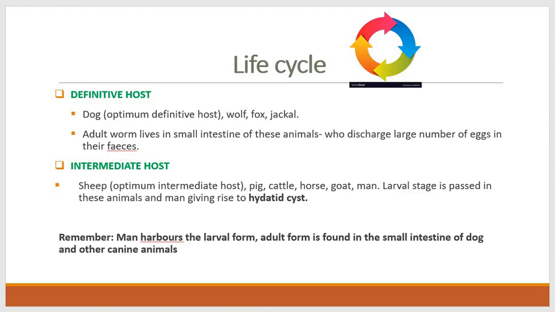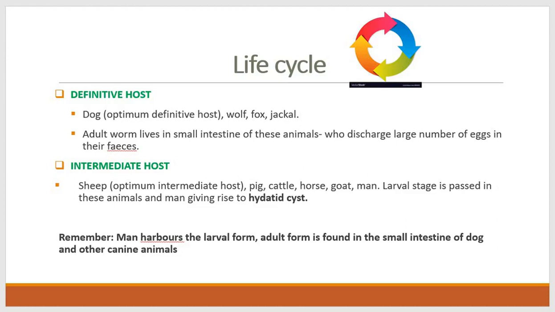Others are pig, cattle, horse, goat, and also man is an intermediate host. The larval stage is passed in these animals, and the adult stage is found in the small intestine of the definitive host. Man harbors a larval form.